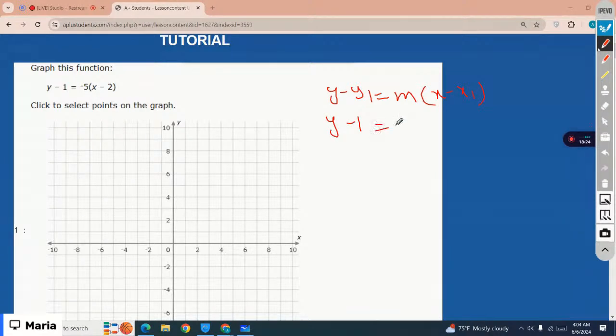The equation is y minus 1 equals -5 times x minus 2. So x1, y1: x1 is -2, y1 is -1, right? No, not -2, -1. They are 2 and 1 actually. x1 is 2.